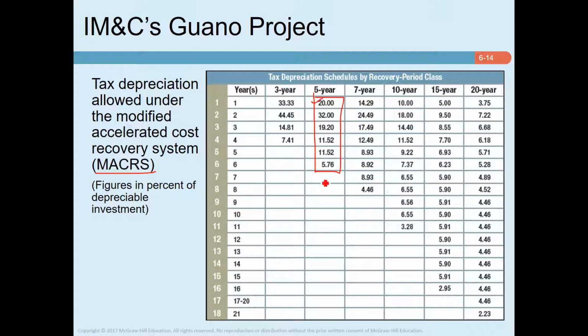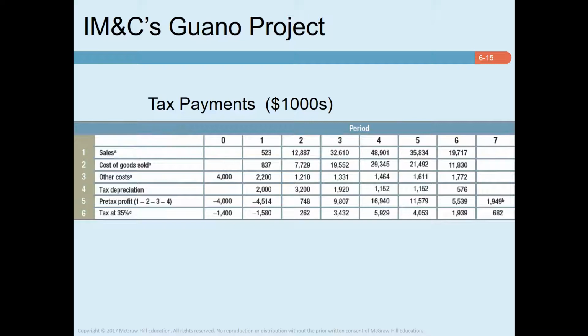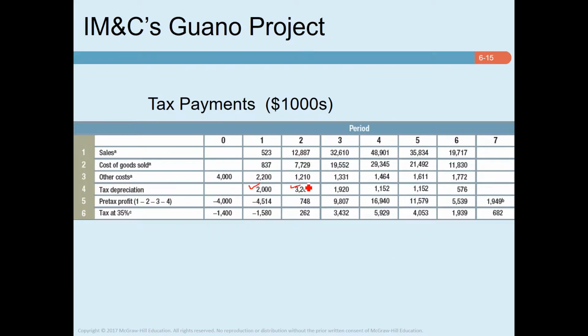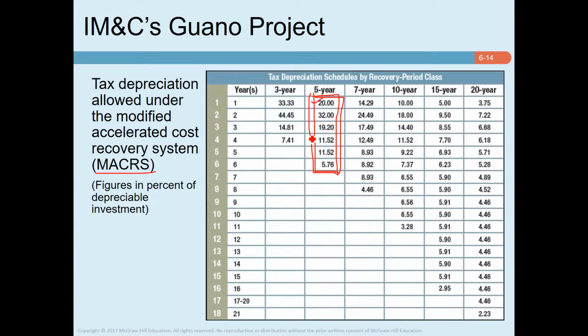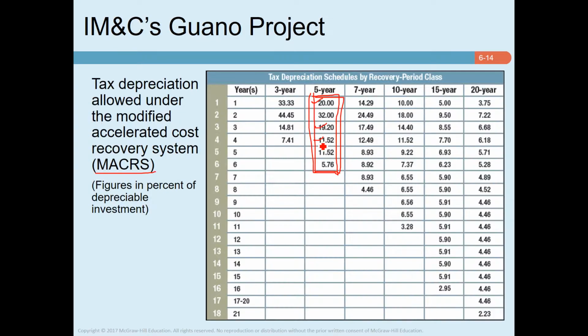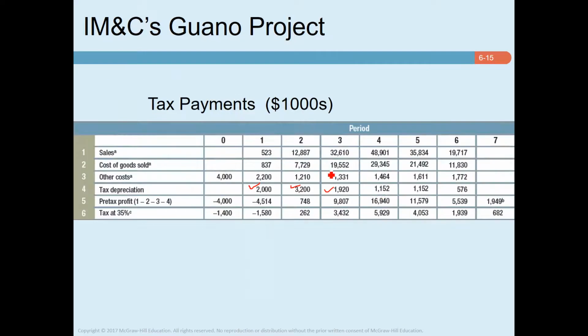So in the case of 5-year recovery period, for example, in our case, initial investment is $10,000, so it will be depreciated using this rate on a yearly basis. Okay, so here you can see, for example, $10,000, so 20% is 2,000, then 32% in the second year, so 3,200, 19.2% in year 3, so 1,920, and 11.52% in year 4 and 5, so 1,152 in year 5.